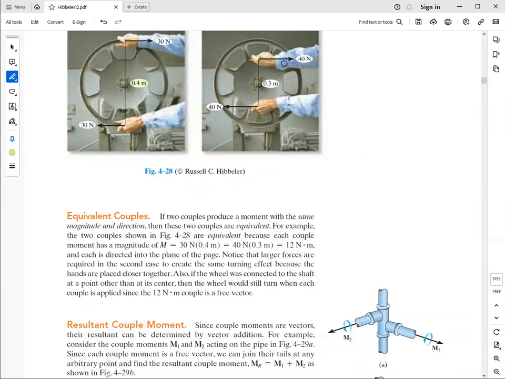In order to have the same couple moment, I need to increase the two forces. Again, they are equal and opposite. And here it shows a product: 30 times 0.4 is the same as 40 times 0.3.